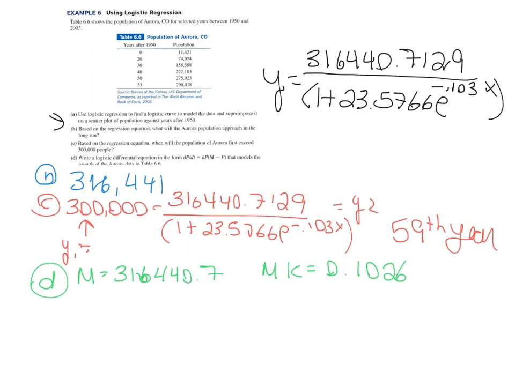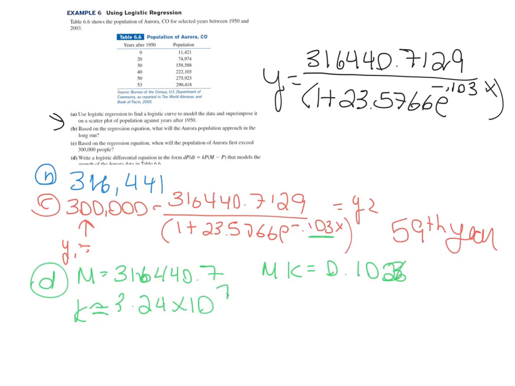That's this one right here, MK. So to find K, right, we're just going to divide by M, and we get K is approximately 3.24 times 10 to the 7th.